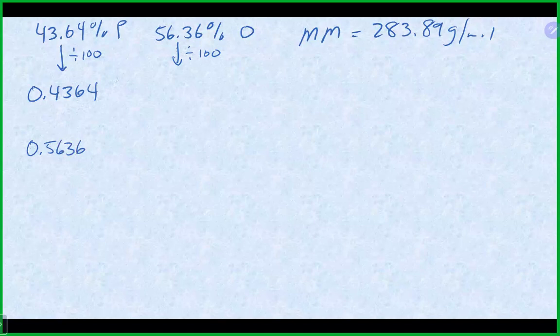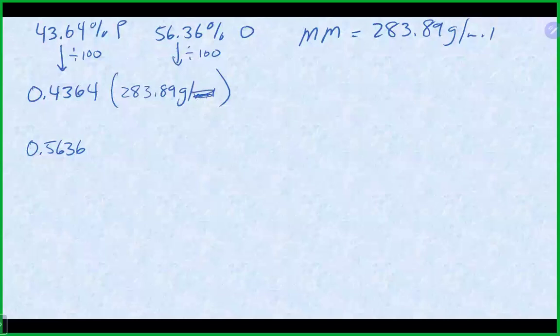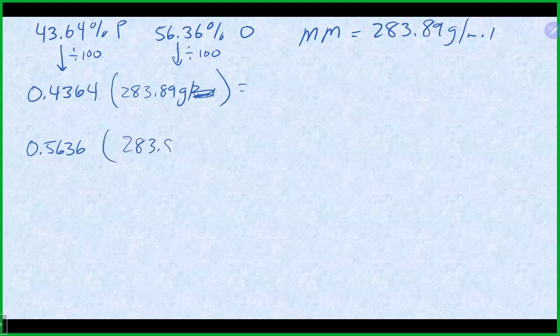We're going to multiply each of those decimals by the molar mass, 283.89 grams per mole, or just grams if you want to look at it at that point.